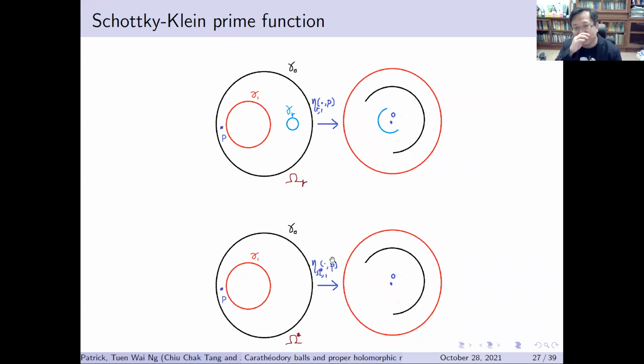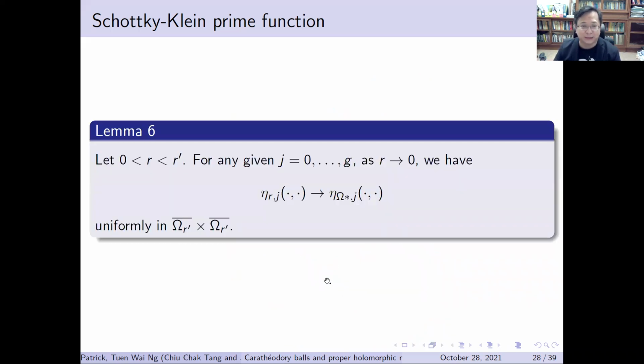Now the question is, if you let epsilon go to 0, whether this conformal map will converge to this one in a certain region. And this is actually the case. For each j, we have this kind of conformal map eventually converging to this one in a smaller product region.